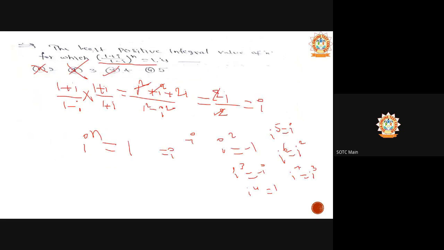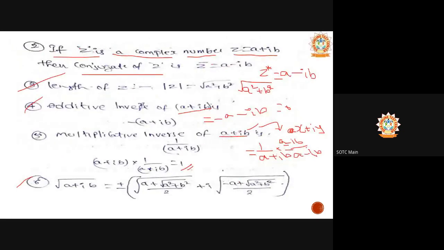Now next question, square root of minus 5 plus 12i. So let me show the formula here. Note down and tell me. Noted?